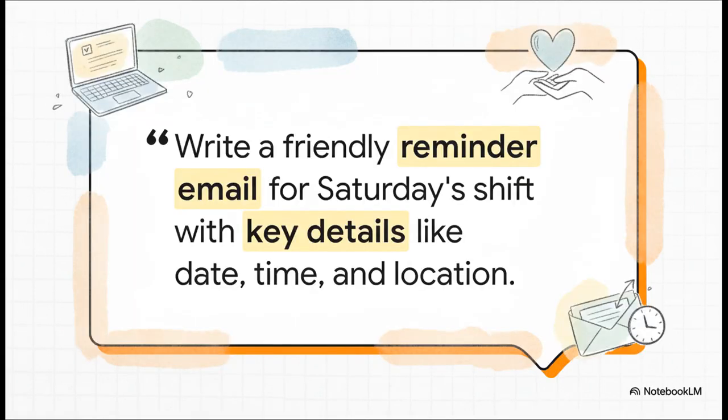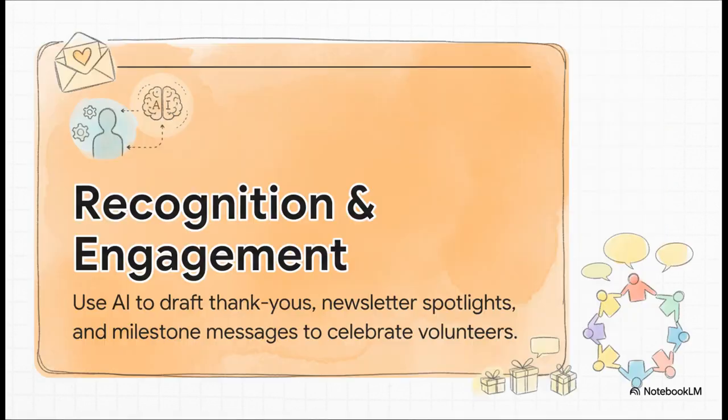And this is a perfect example of a great prompt. By giving it all the key details, the date, the time, location, even what to wear, you get a ready-to-send email. That kind of clarity cuts down on confusion and volunteer no-shows, which, as you know, is a massive win for any event.